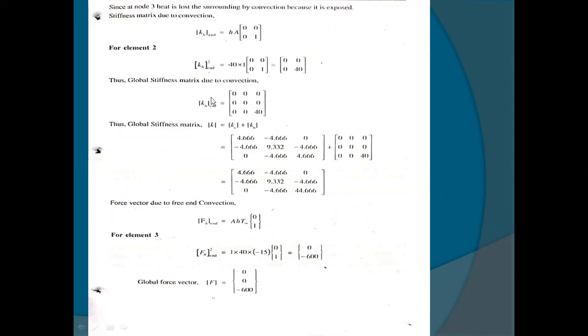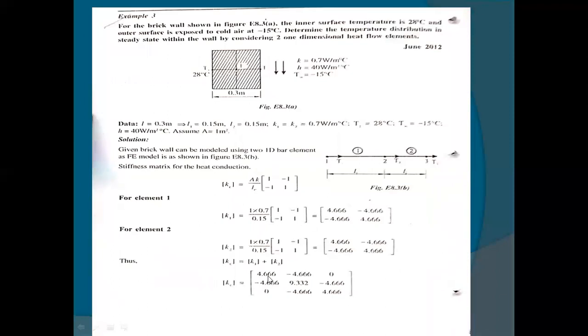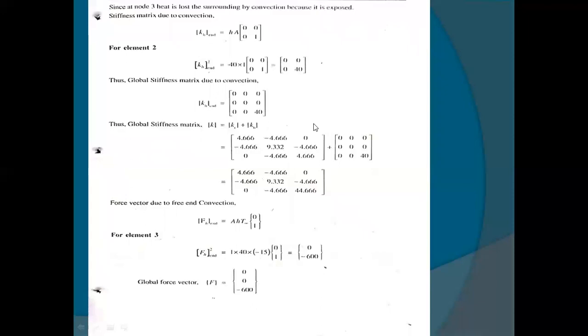Since conduction has 3 rows and 3 columns, we write the convection also in 3 rows and 3 columns. Why do we have to add both? So we get 0 0 0, 0 0 0, 0 0 40. So this is the convection matrix.